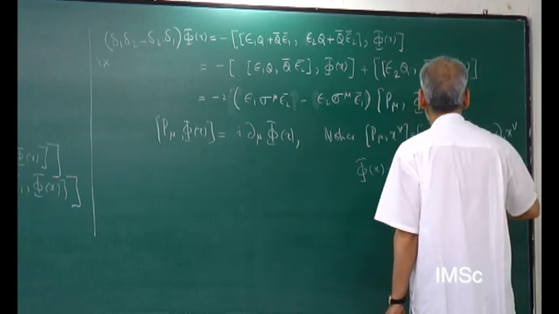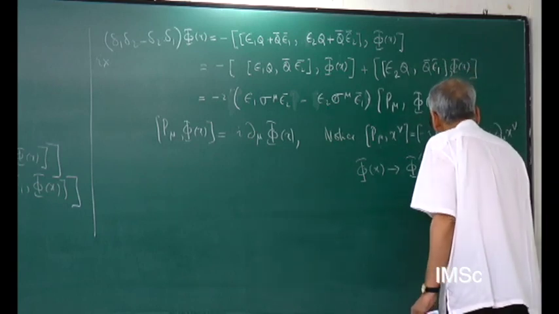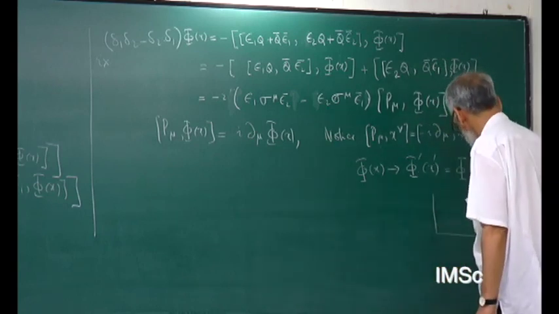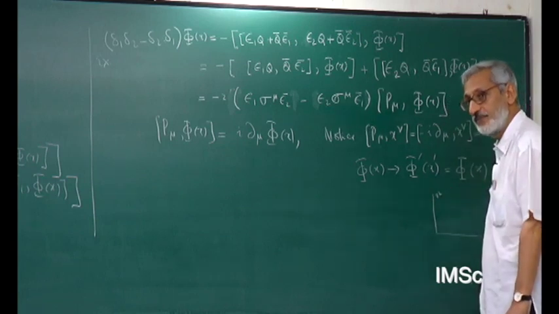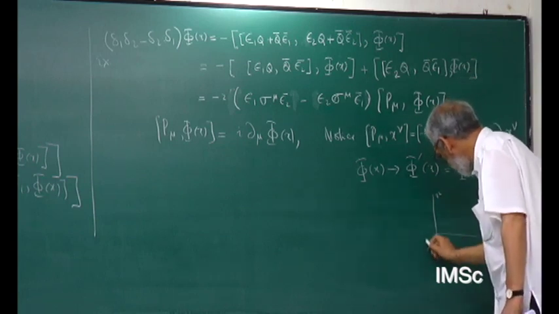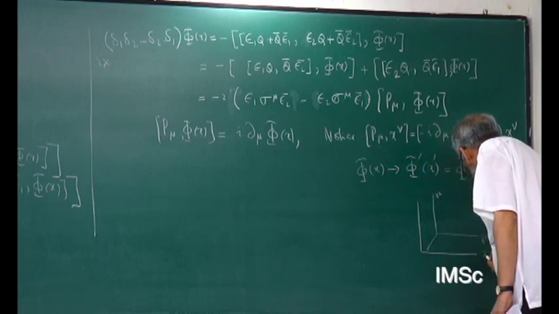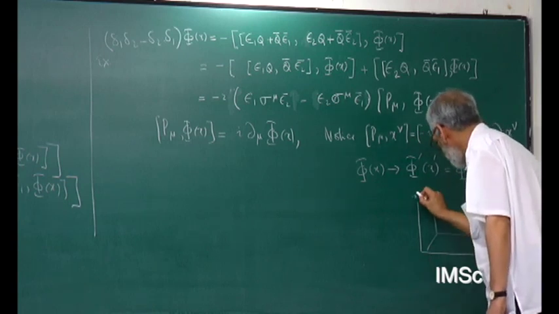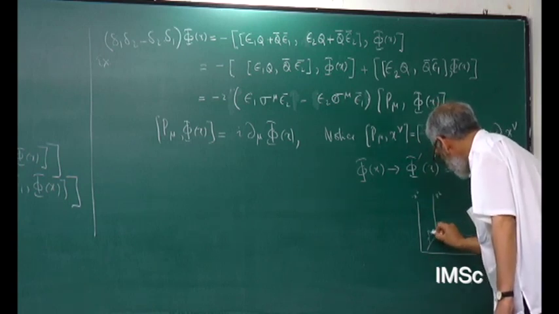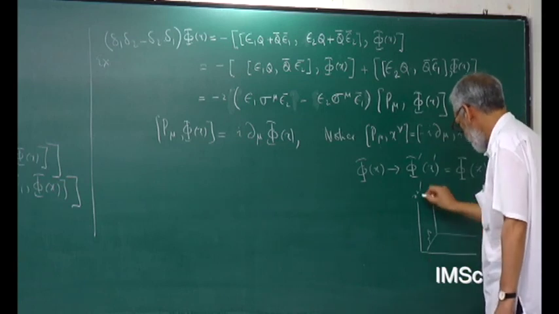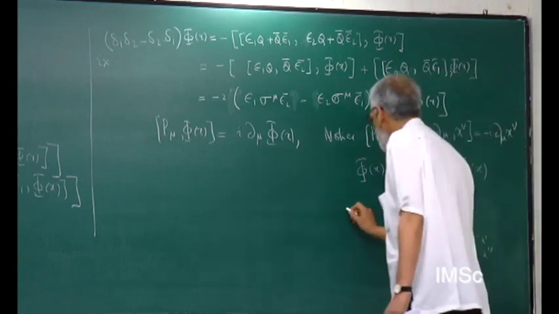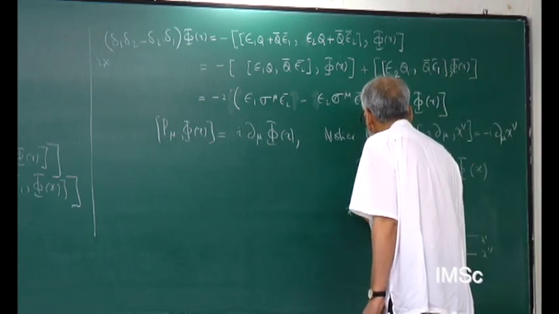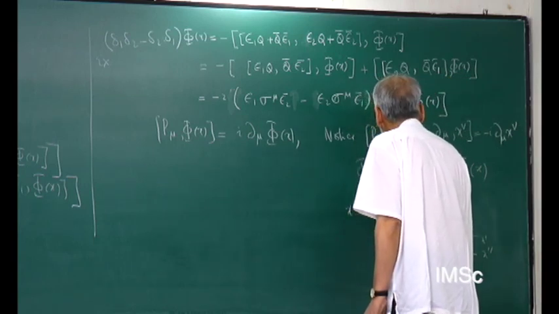So if I have a frame, say x1, x2 here, and if I translate this frame to, let me say, x1 prime, x2 prime by an amount xi, so that x mu prime is x mu plus xi mu.